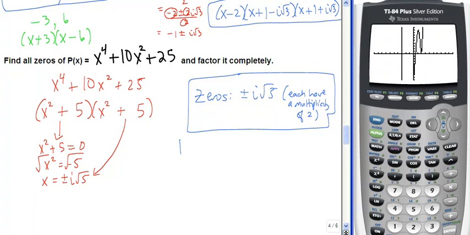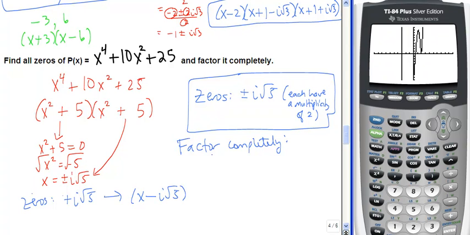And now let's factor it completely. So to do that, let's take the plus case first, i root 5. If that's one of my zeros, then what factor would it have to have in the factorization? It would have to be x minus that zero, so x minus i root 5.